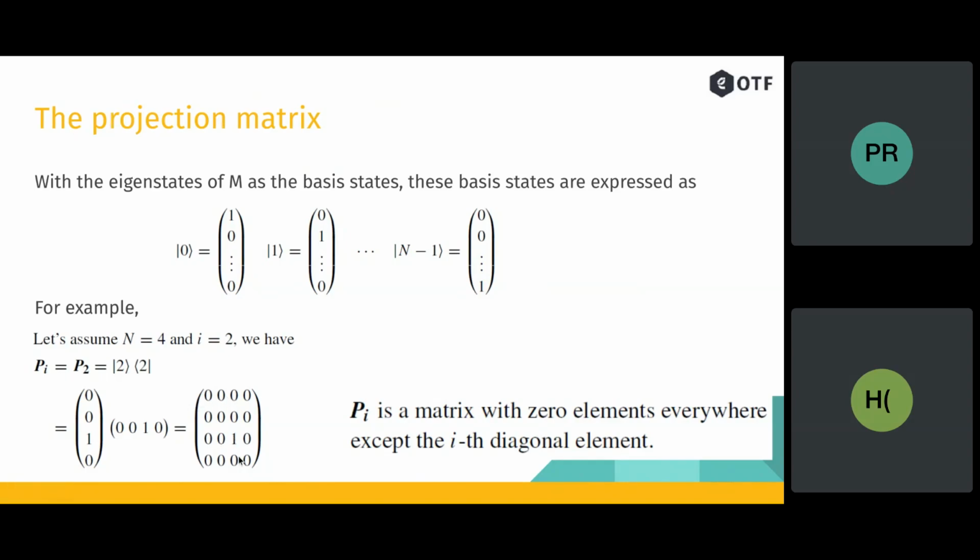That is the position where you are going to get a 1. That means this is unitary. That is the only ith diagonal entry, in this case 2, which represents the projection matrix.